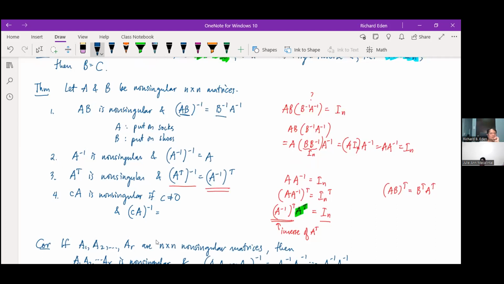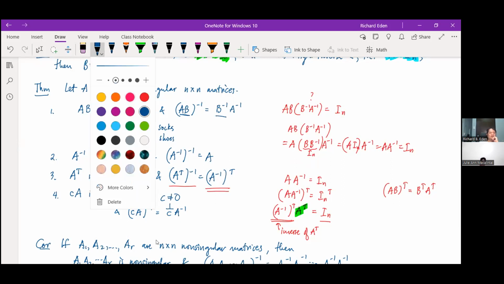Inverse of CA. C times A inverse? Maybe it's A inverse over C. Yeah, over C. So 1 over C. Okay.